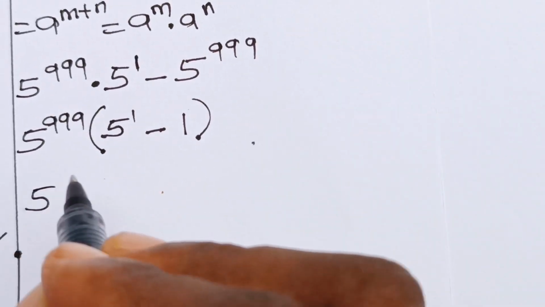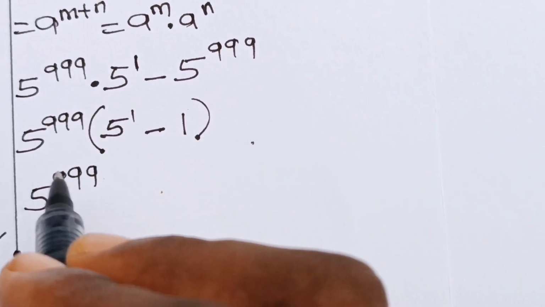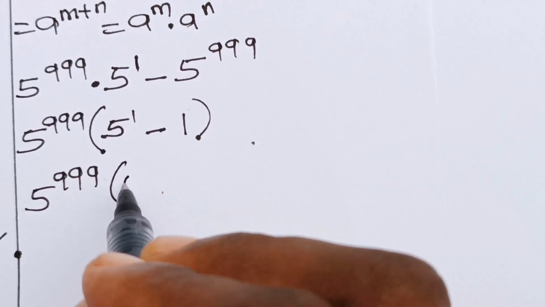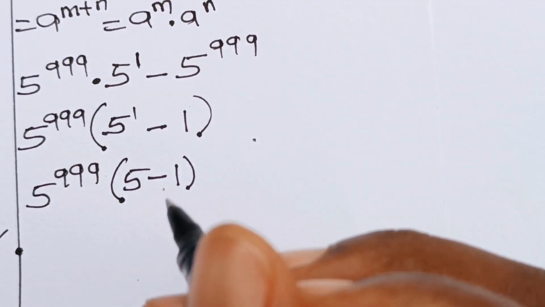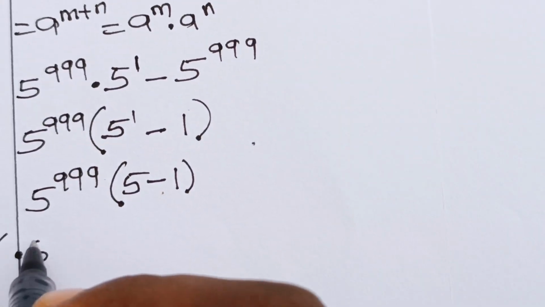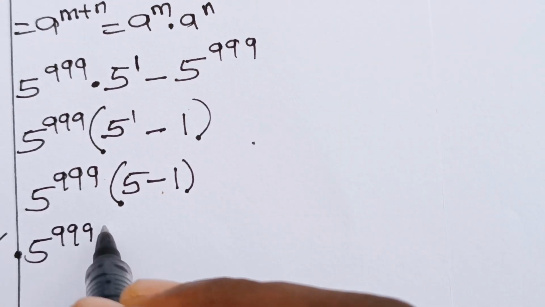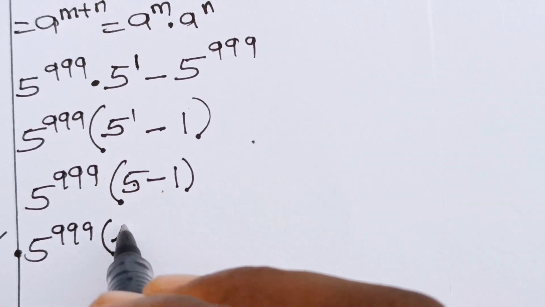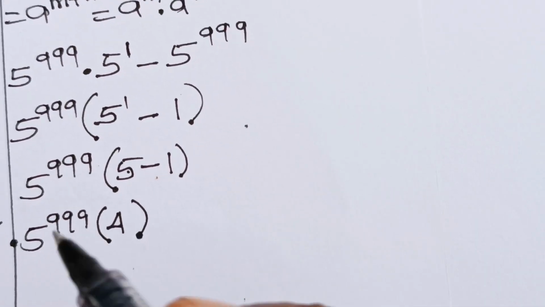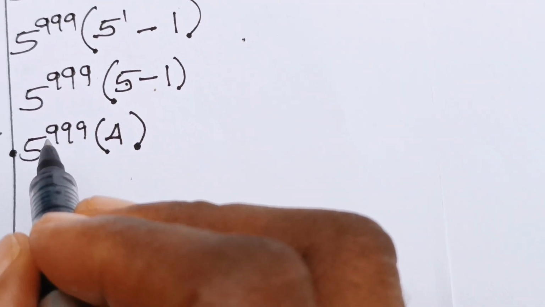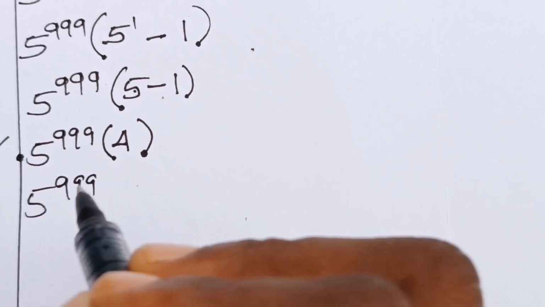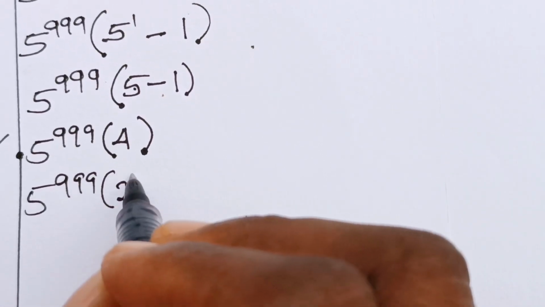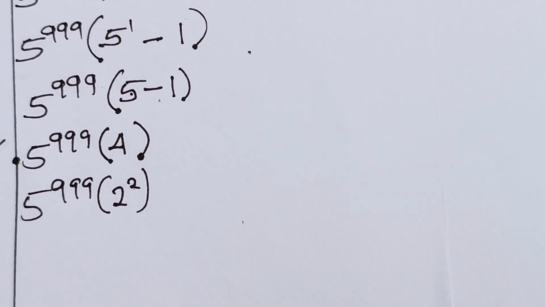So this is 5 to the power of 999 bracket 5 minus 1, since 5 to the power of 1 is still 5. 5 minus 1 will give us 4. So this is equal to 5 to the power of 999 bracket, and we can simplify the 4 as 2 squared.